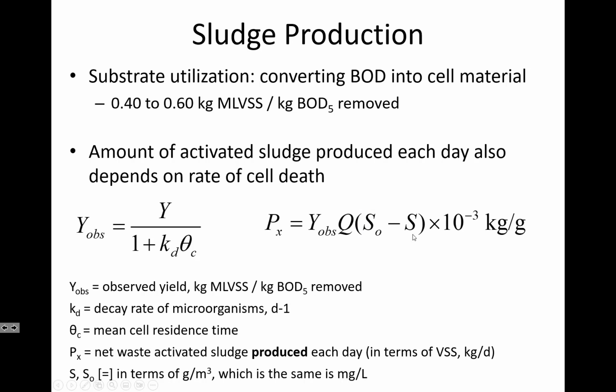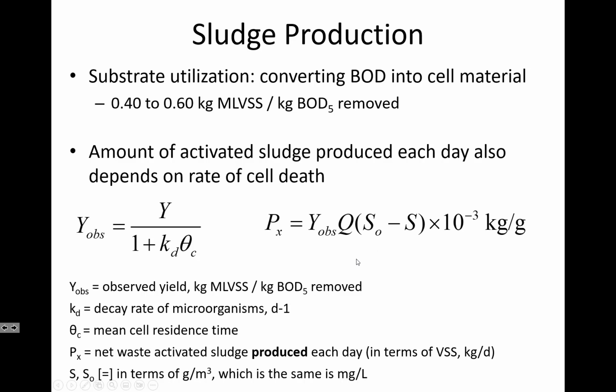And then because typically we'll have our concentrations in terms of milligrams per liter, we may also need to put some sort of a units conversion at the end here if we had grams per cubic meter for the substrate concentration.